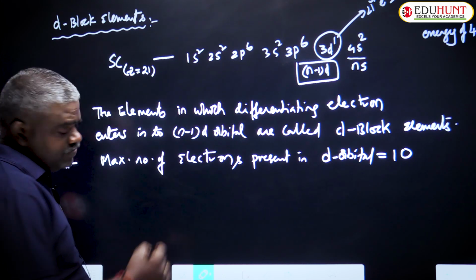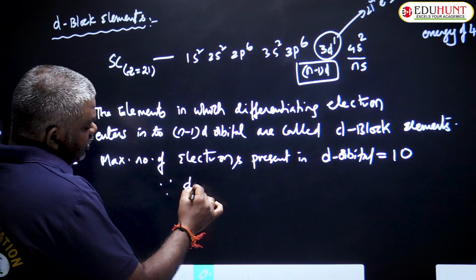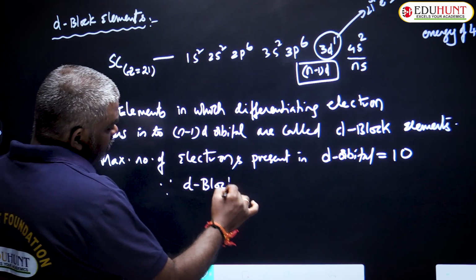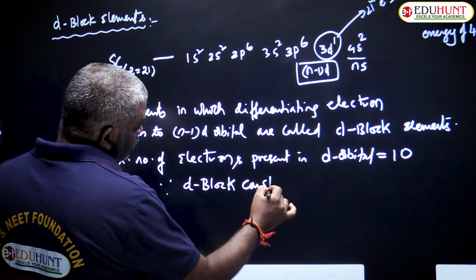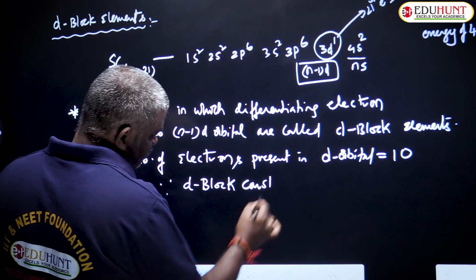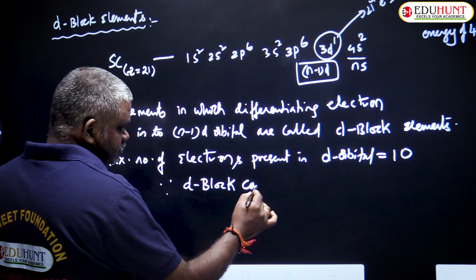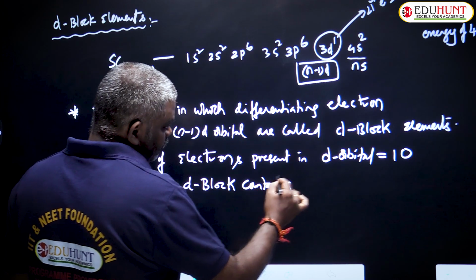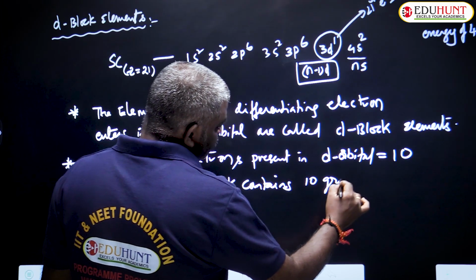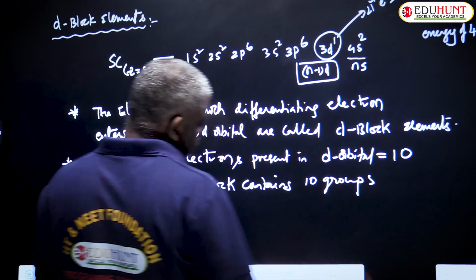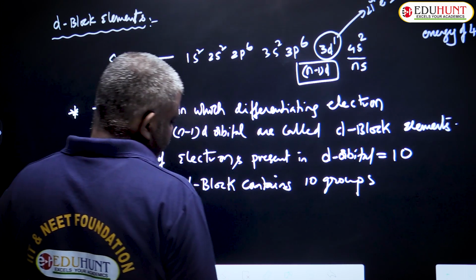Therefore, the D block contains 10 groups.